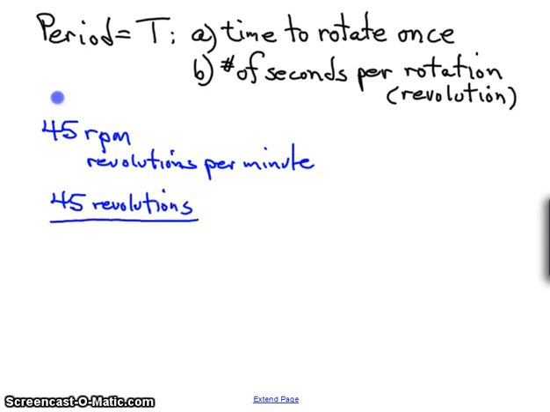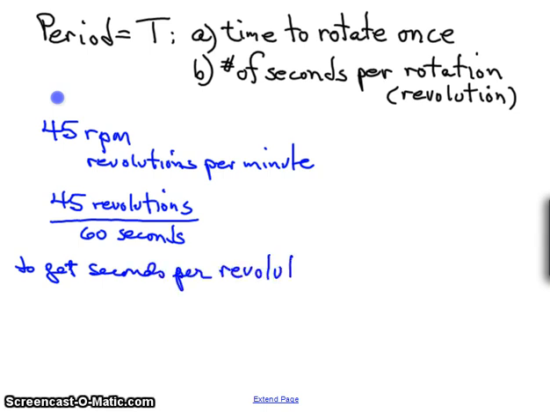So in 1 minute, there are 60 seconds. So really, this is 45 revolutions per 60 seconds. Now, I want seconds per revolution. So therefore, I just have to flip this upside down to get seconds per revolution, which is our definition of period.